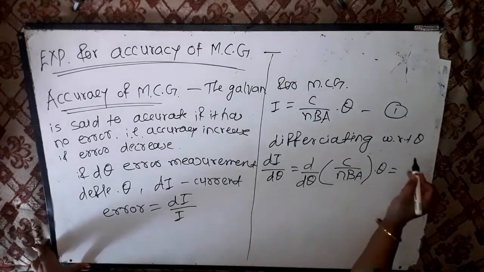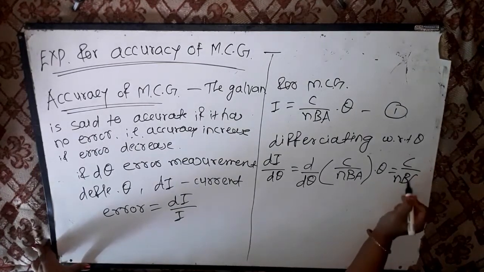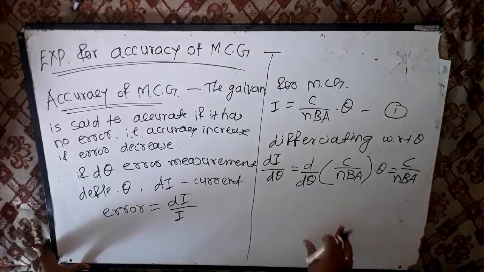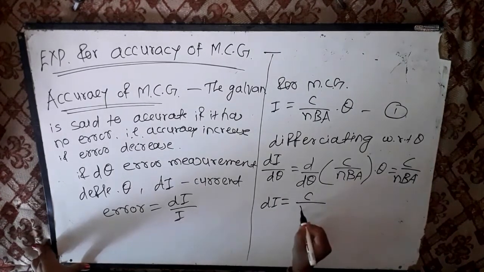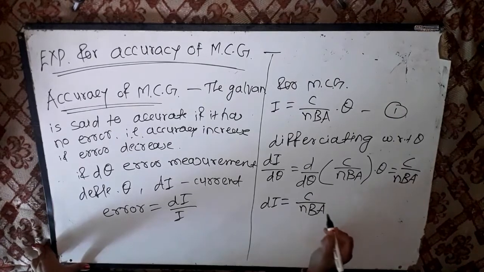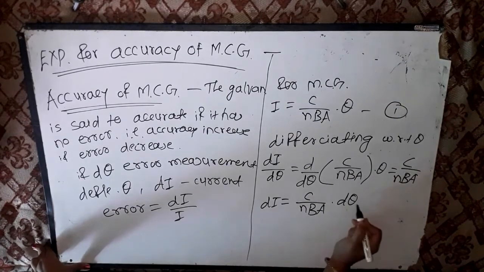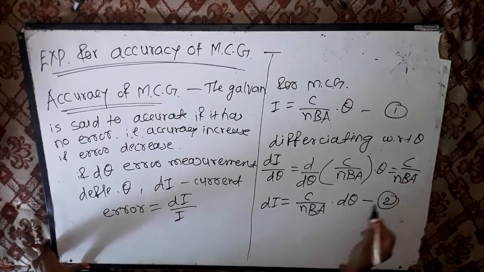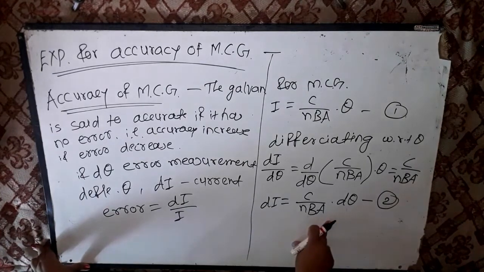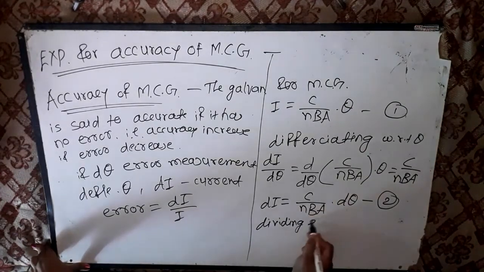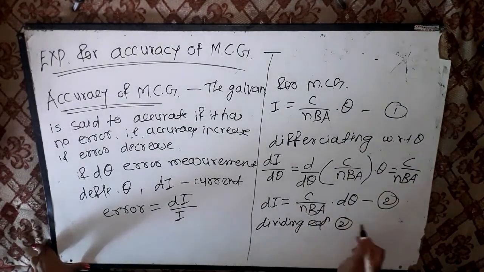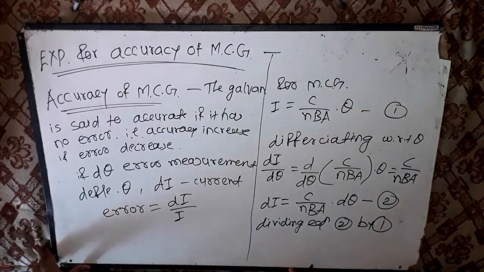The remaining term is C upon NBA, that is dI is equal to C upon NBA into dθ. Equation number 2. Dividing equation 2 by 1.